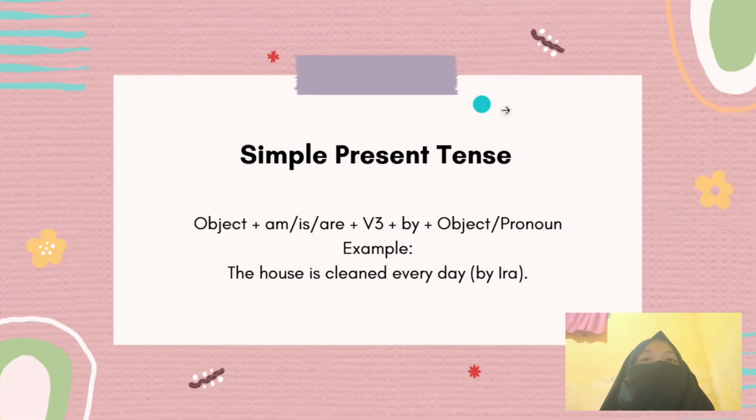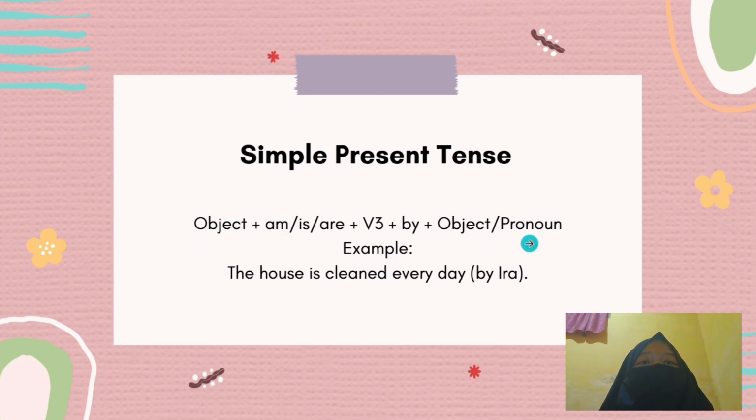This is simple present tense. Object plus is plus verb three plus by object or pronoun. Example: the house, this is the object, is cleaned, verb three, every day, by Ira.